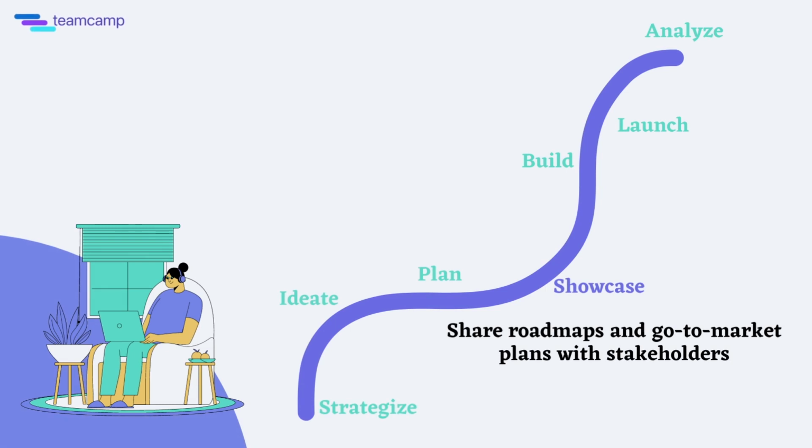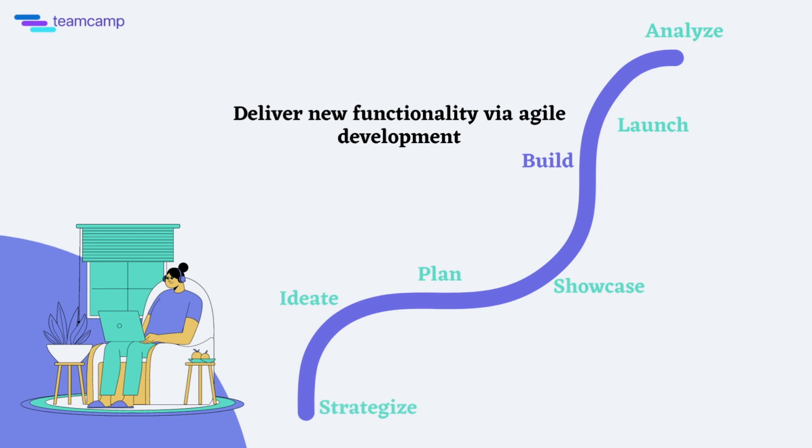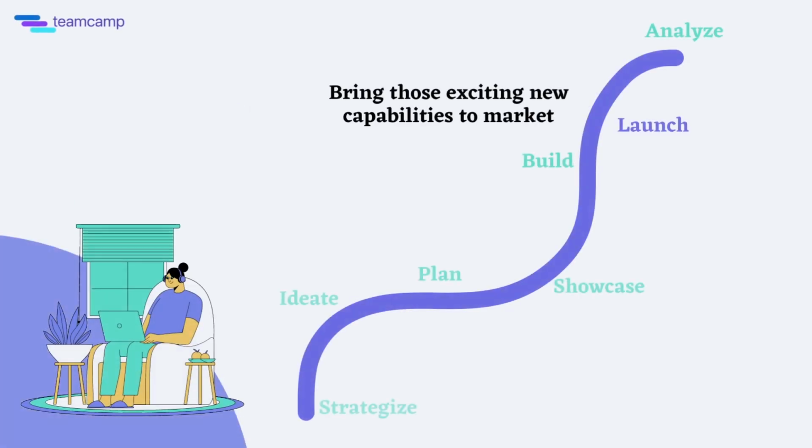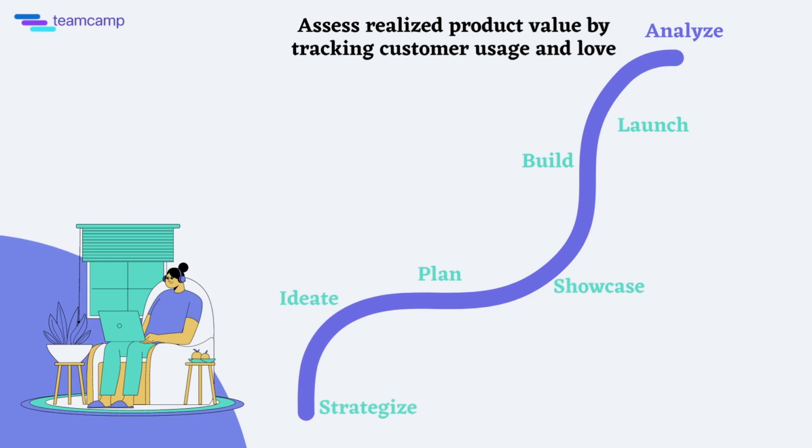Share roadmaps and go-to-market plans with stakeholders. 5. Build. Deliver new functionality via agile development. 6. Launch. Bring those exciting new capabilities to market. 7. Analyze. Assess realized product value by tracking customer usage and love.